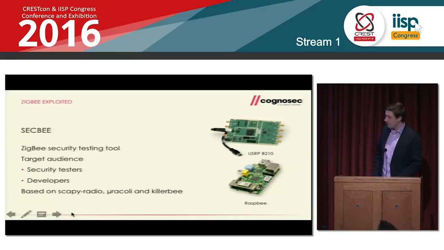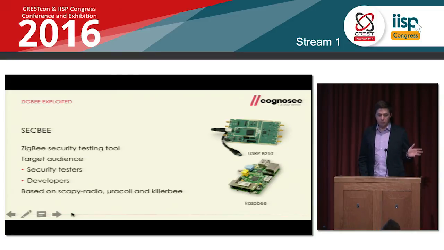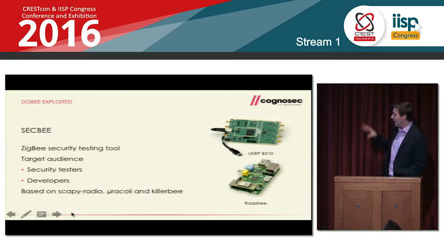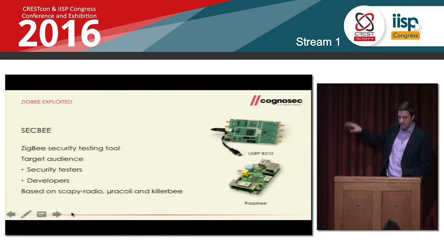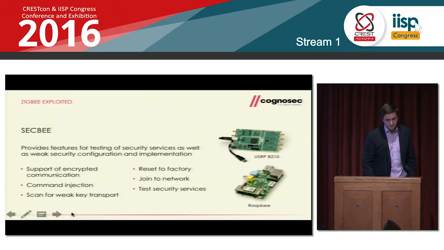And we use a software-defined radio for controlling the stuff. So it's USB B210 in our case, but you could just use whatever you want. And we use Raspberry Pi also for some part of the communication. I will get to why we use 2 devices in 2 slides.